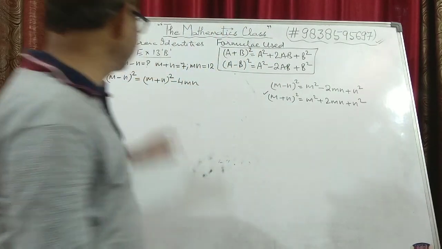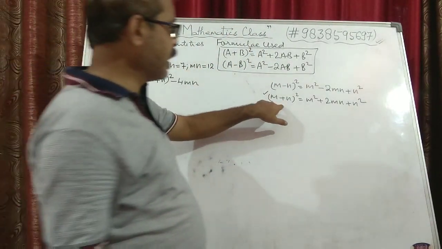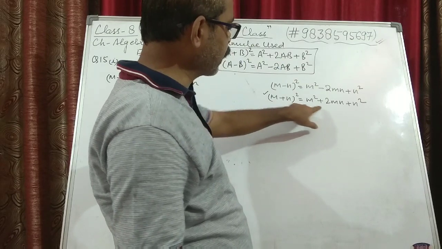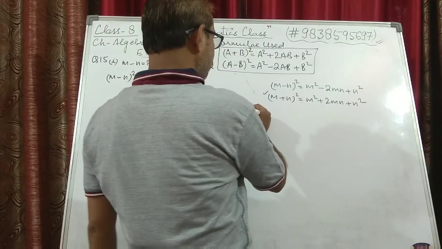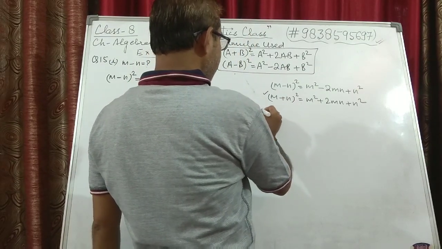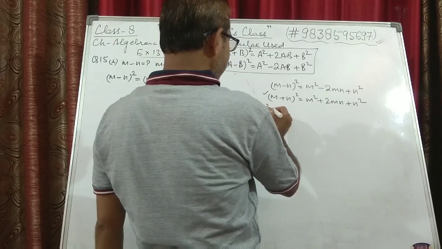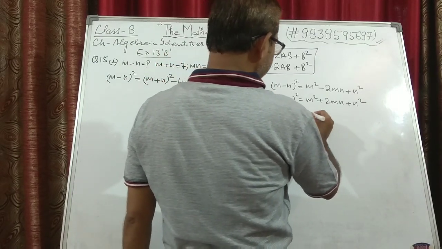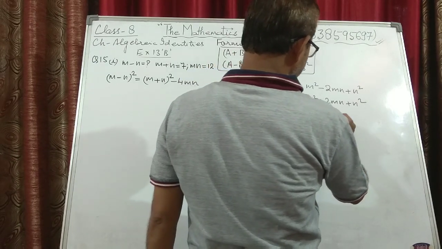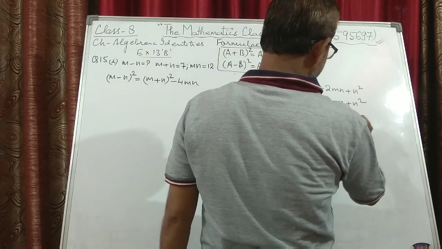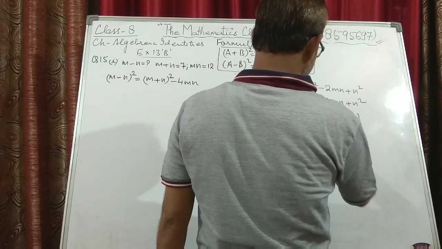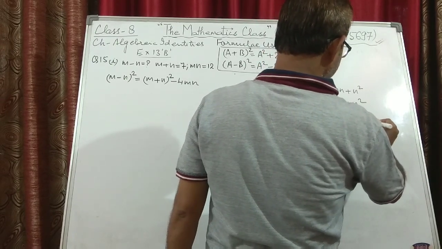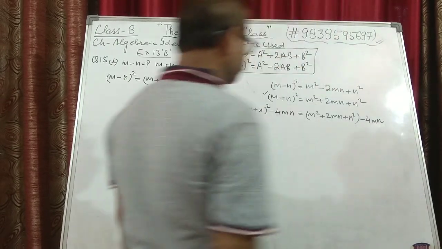Now we have been given m plus n. If I add minus 4mn to both means, this can be written as m plus n whole square, and I am adding minus 4mn to this side also, and this was m square plus 2mn plus n square, and from this also I am adding minus 4mn.